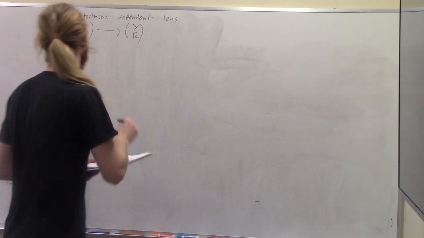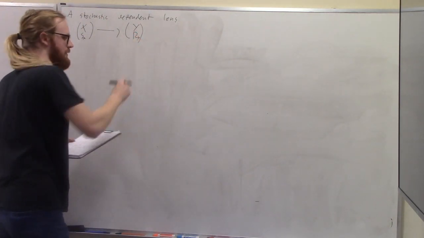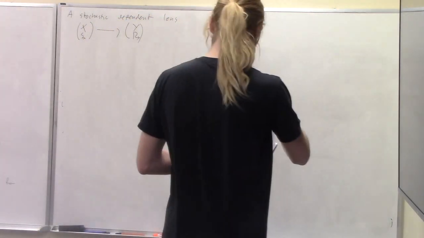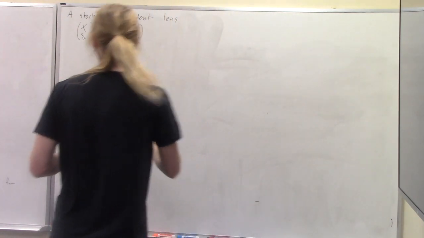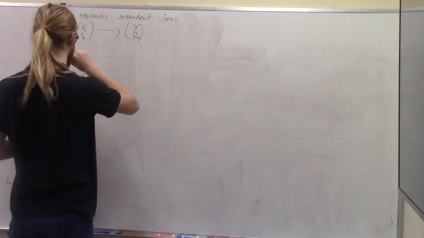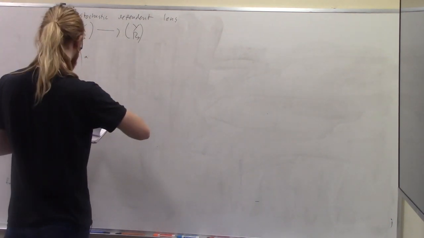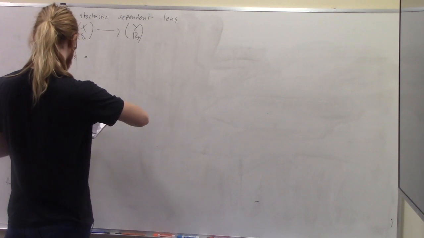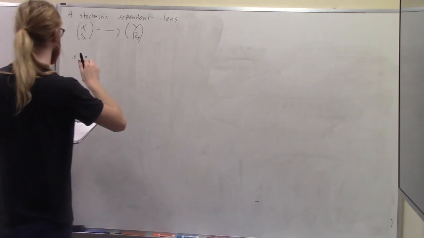Sorry, of course, they have to be dependent sets. Otherwise, there's not much point in this. Is a function. Now let me see if I can do this right. This is a function.